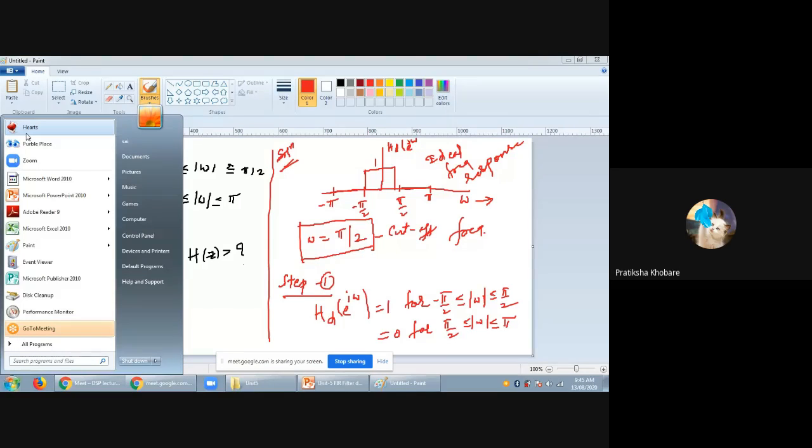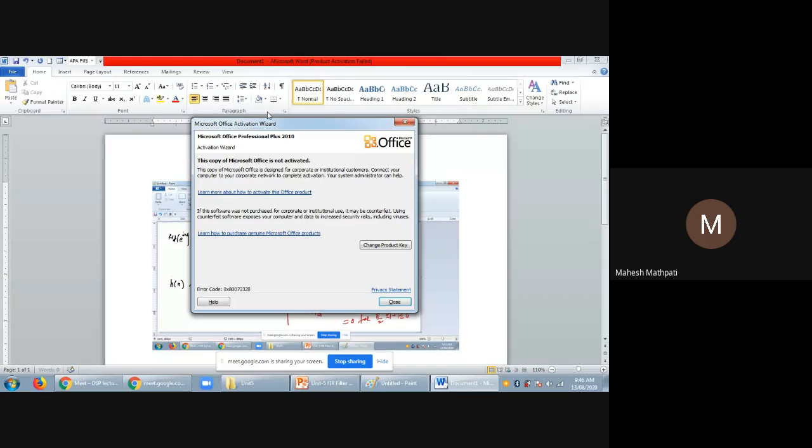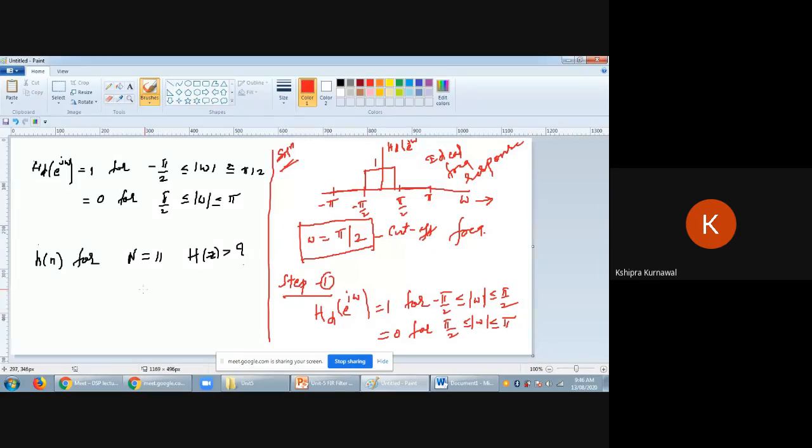Now what is the next step? To calculate the desired impulse response using inverse Fourier transform. Any confusion up to this point? Any problem? Any question?